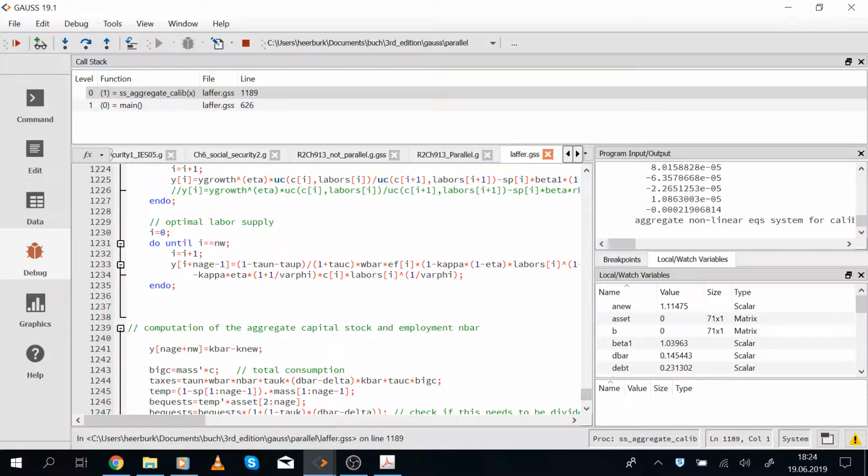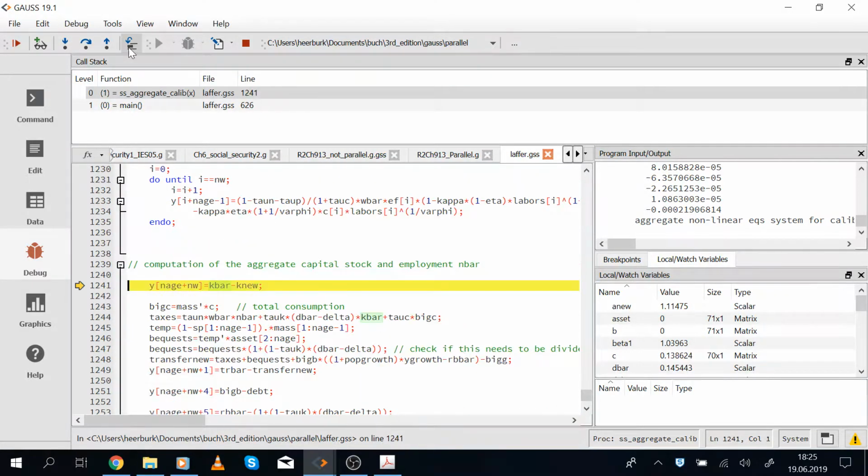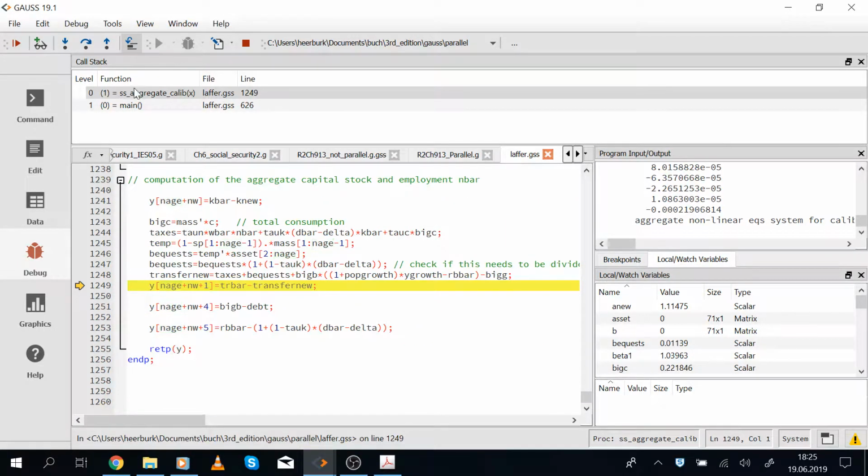And we add another aggregate equilibrium condition here in line 1241, so let's run through to this line, which is that aggregate capital stock K bar is equal to the sum of the individual capital stock K nu. Next aggregate equilibrium condition is specified in line 1249. Aggregate transfers are equal to the transfers that result from the fiscal budget.